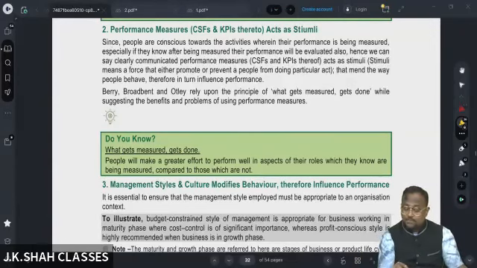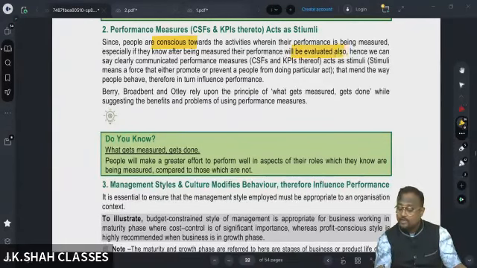Okay, since people are conscious towards the activities wherein their performance is being measured, especially if they know that after being measured, their performance will be evaluated also, hence when performance measures are clearly communicated, they act as stimuli.